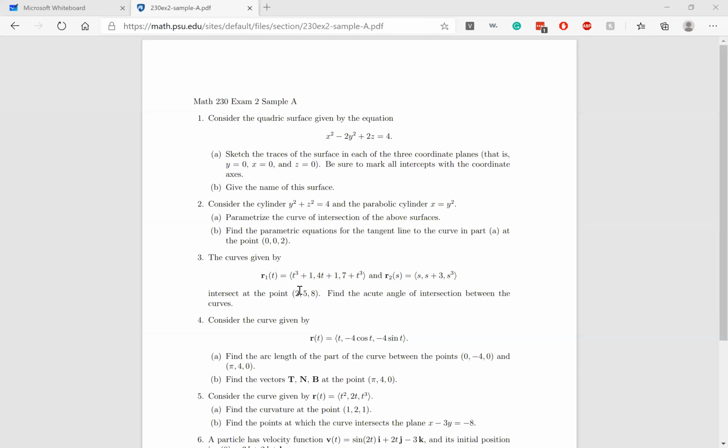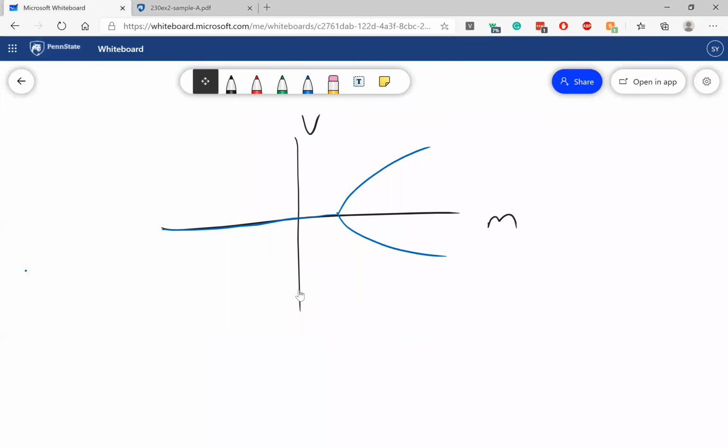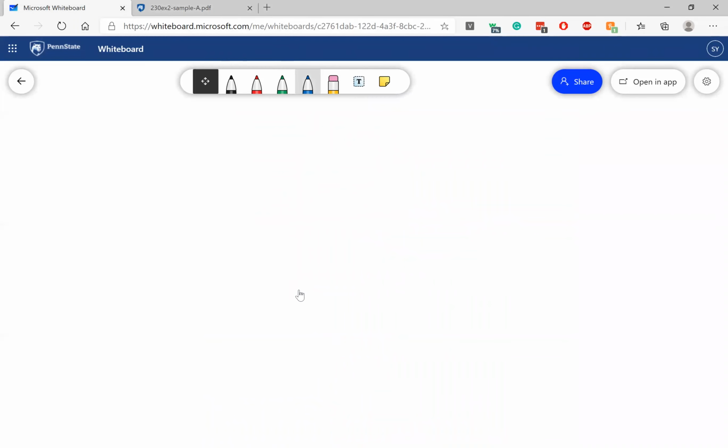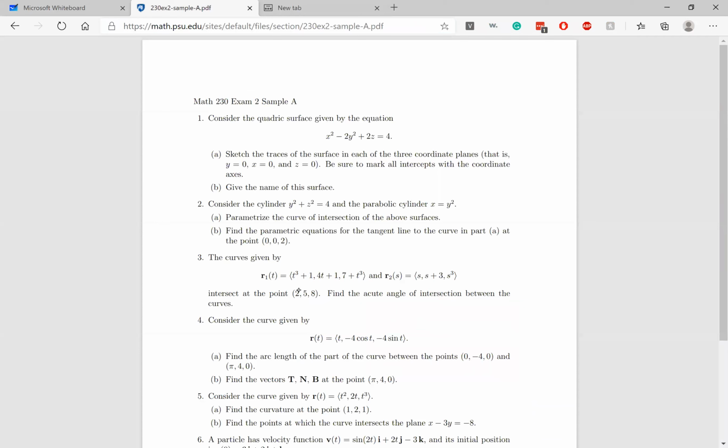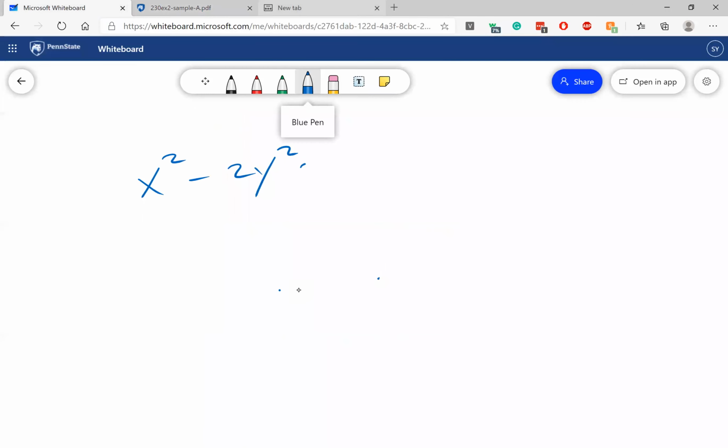So the first question is, they ask us to consider the quadratic surface given by the equation x squared minus 2y squared plus 2z is equal to 4.